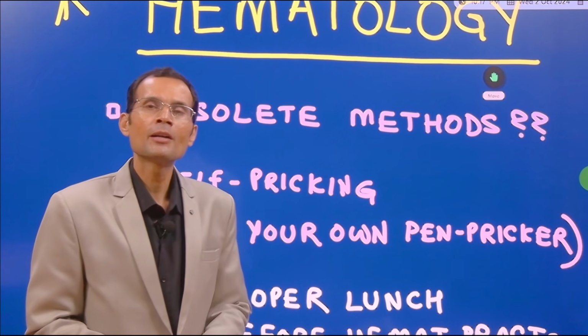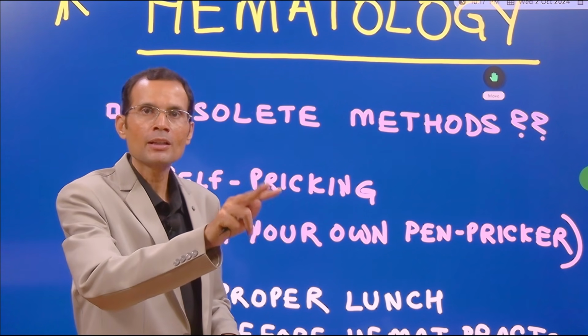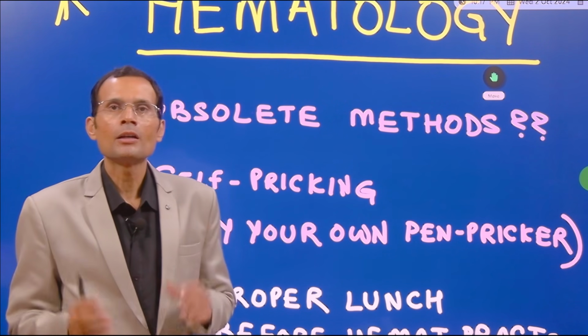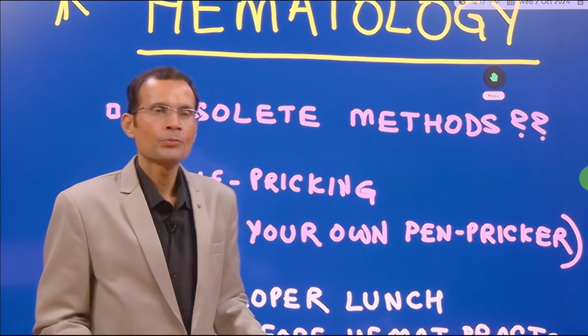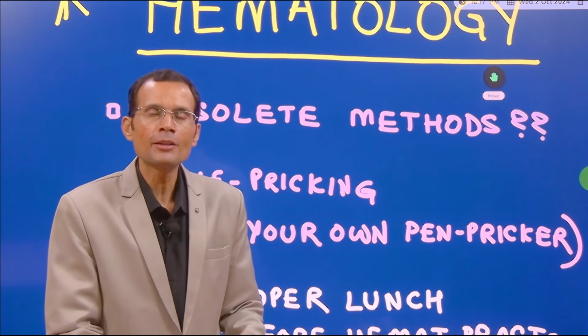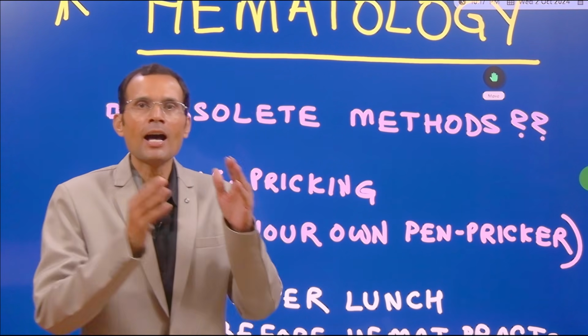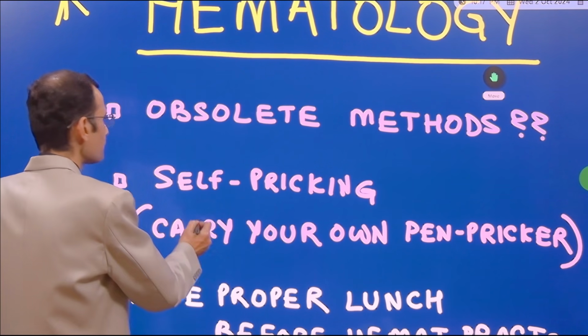But how to match your sample color with the standard, and what's the normal hemoglobin, you will learn all these principles. So even if you think that the methods are obsolete, the principles are very much applicable and very much important to be learned.